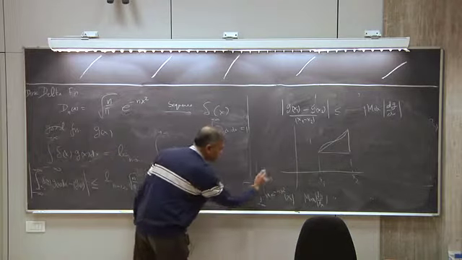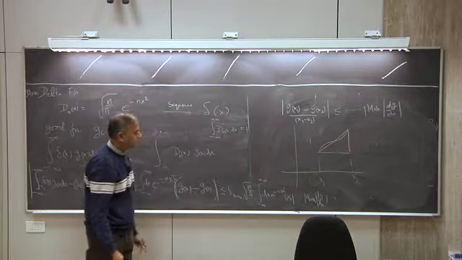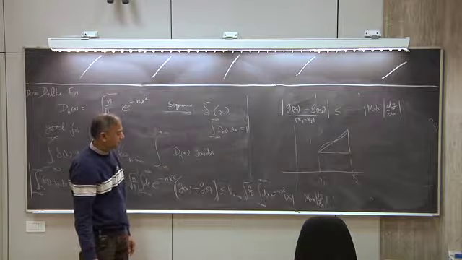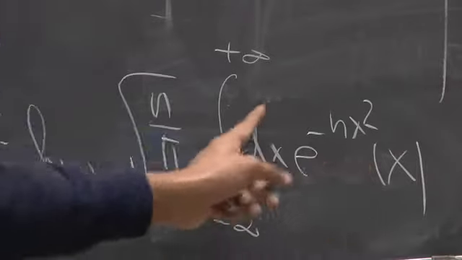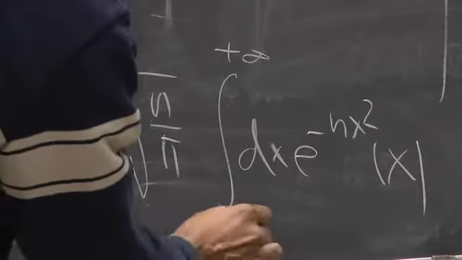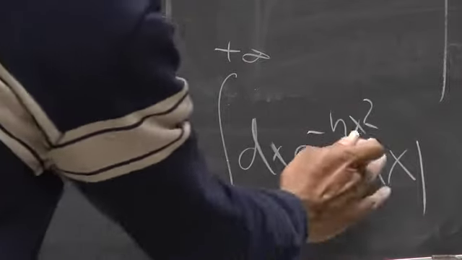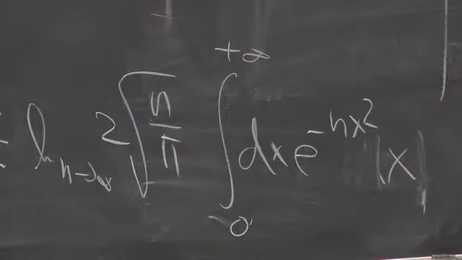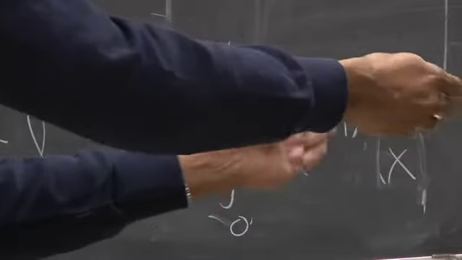Now this quantity, we can see immediately what the answer is. This is an even function, so this is the same as the integral from 0 to infinity, with a factor of 2, of x, because it's the modulus of x, a good even function.